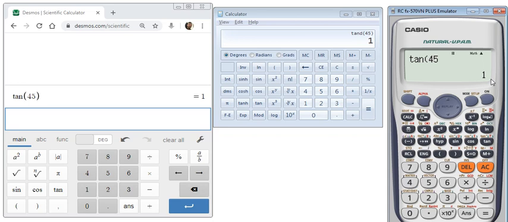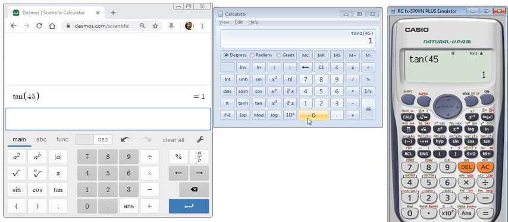Alright guys? Fine. When you are studying the SOHCAHTOA rule, where we use the tangent, the sine, and the cosine of angles to find the other sides of the right-angled triangle, or when we use the sides to find the angle, usually we have a division to get the answer.